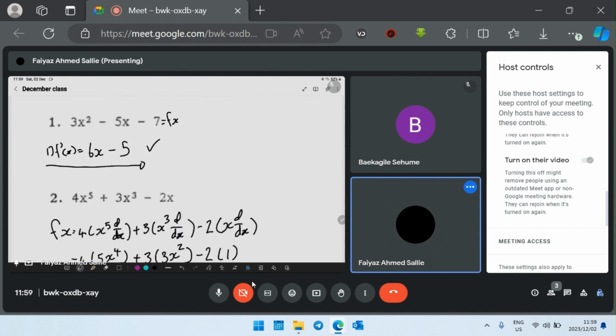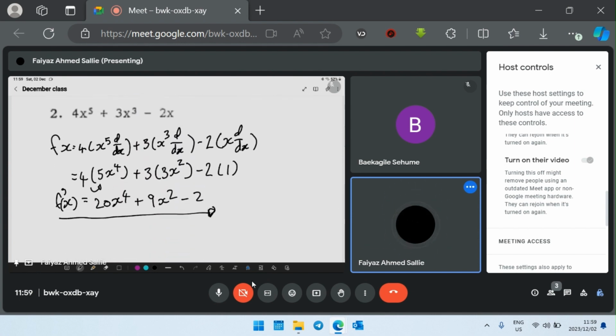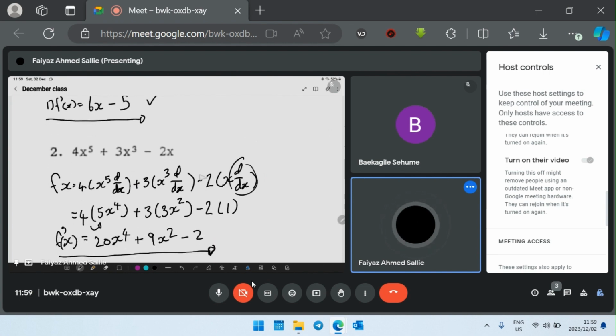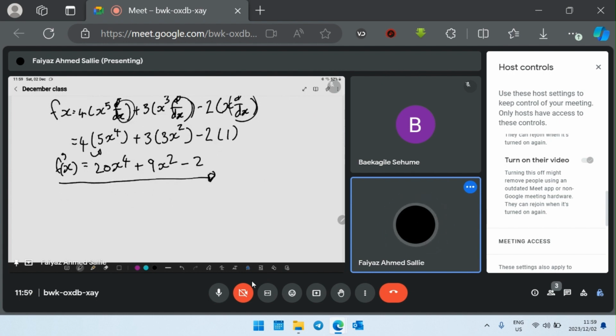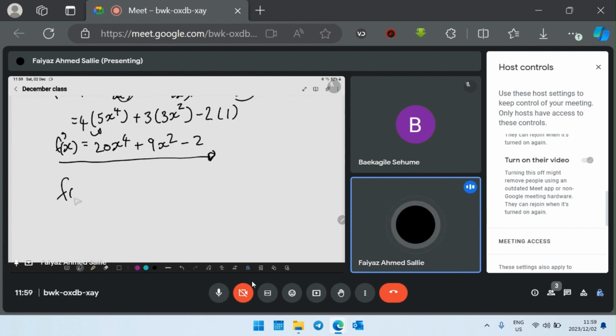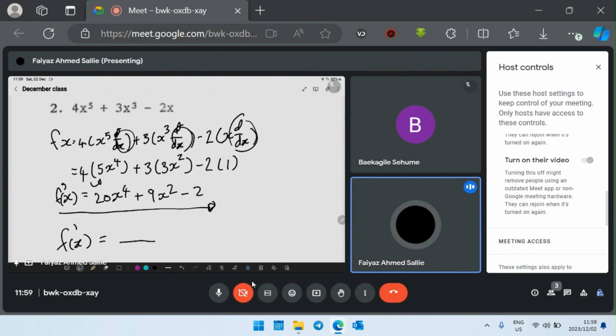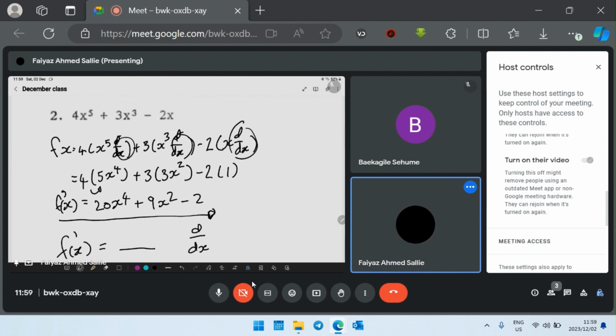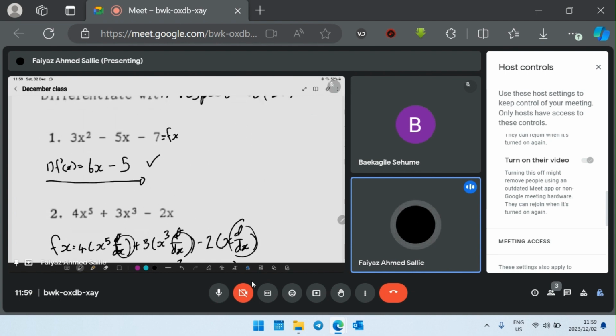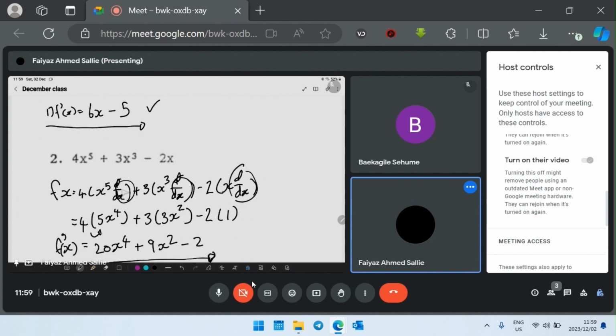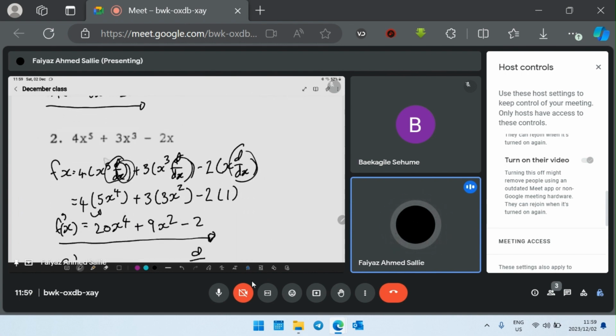But before I end the class, I would like to tell you something: this is just for me to explain what you should do, but in the exam room, you will be given f dash of x and a function, and then d over dx would be illustrated at the end of the function. For illustration purposes, I showed the exercise by including them close to the variables.